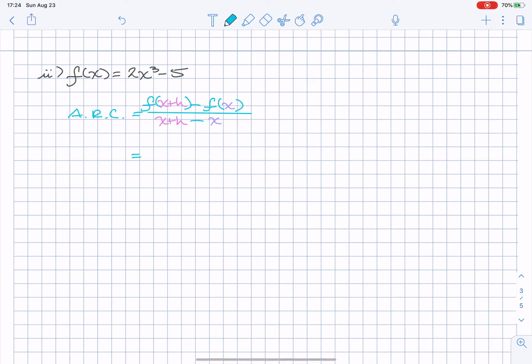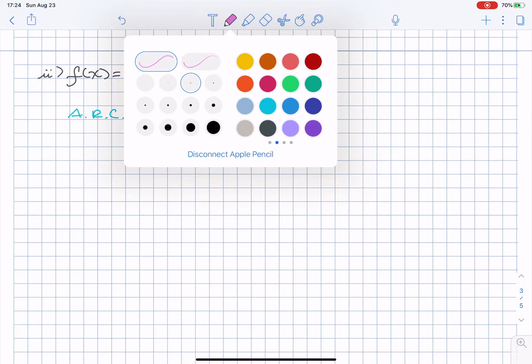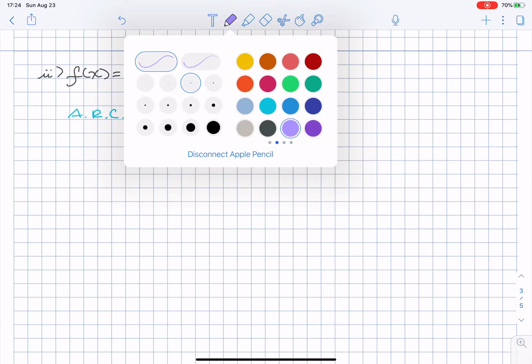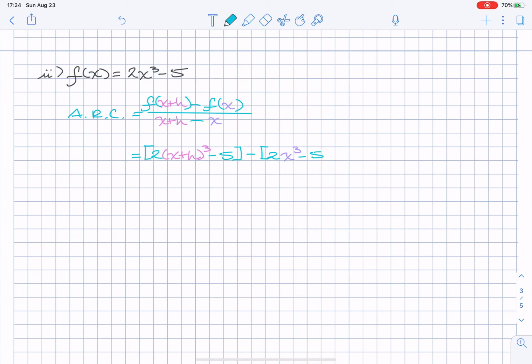Okay, so what do we have then? Looks like we'll have 2 times the quantity x plus h cubed minus 5, from which we're subtracting 2 times the quantity x cubed minus 5 all over.